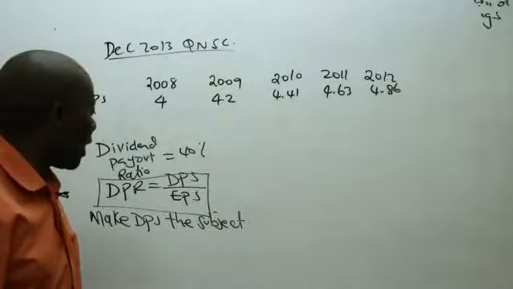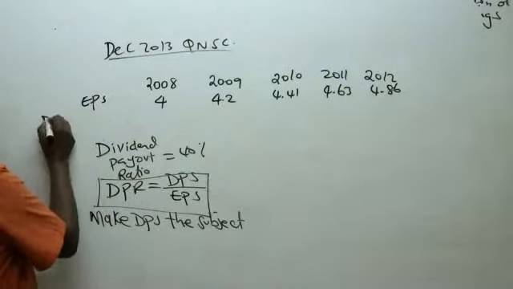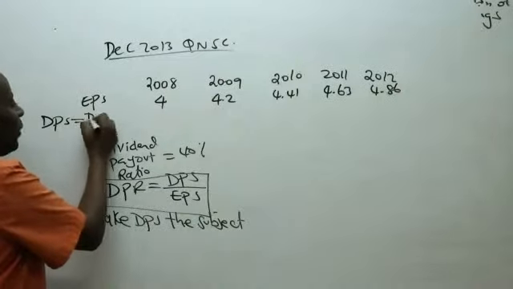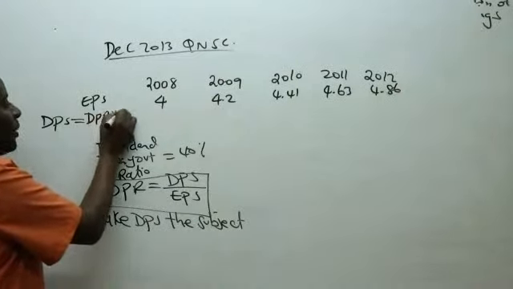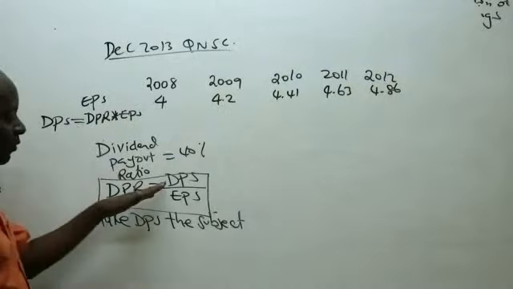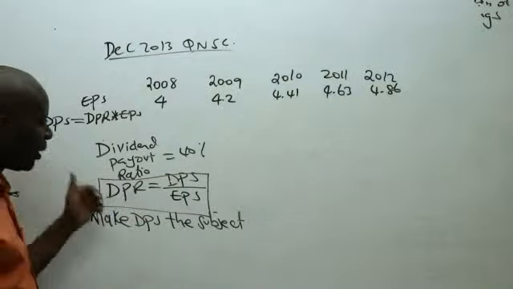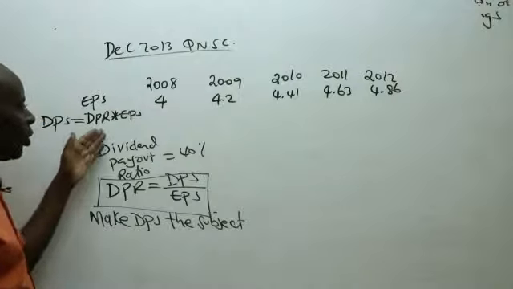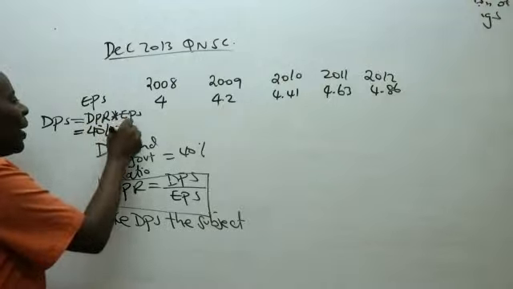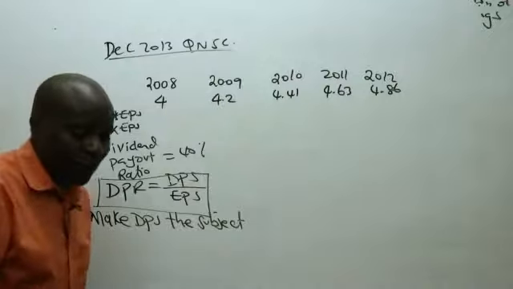If I cross multiply, I will see right away that my dividends per share will be equal to dividend payout ratio times EPS. So this will translate to 40% of our EPS.